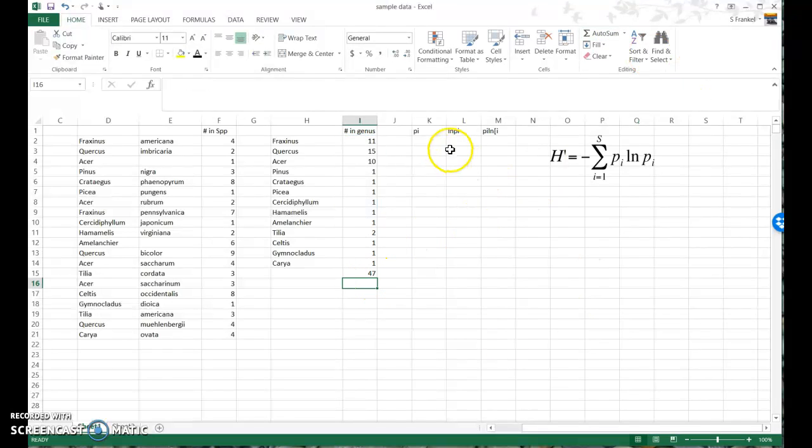So I have 47. So P sub I is going to be equal to that divided by 47. The natural log equals natural log of that value.